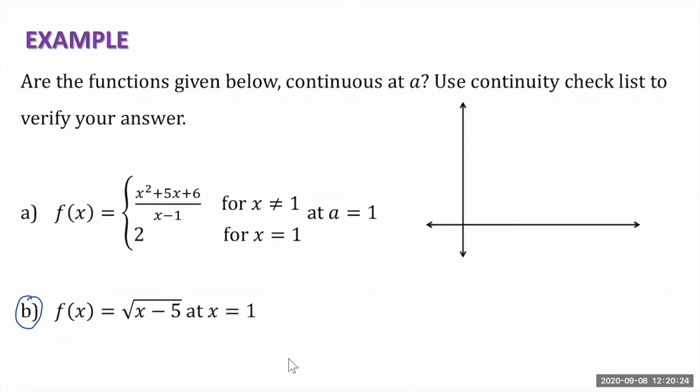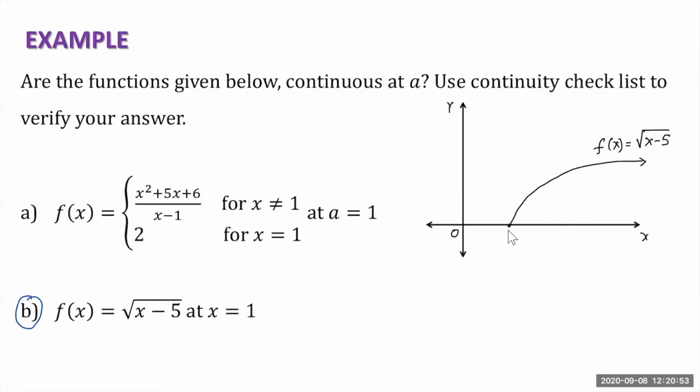This is the square root function shifted 5 units to the right. This is the graph of f of x equal to square root of x minus 5. If you are not comfortable sketching the graph without a calculator, you can use your calculator to check the graph and then sketch it like this.